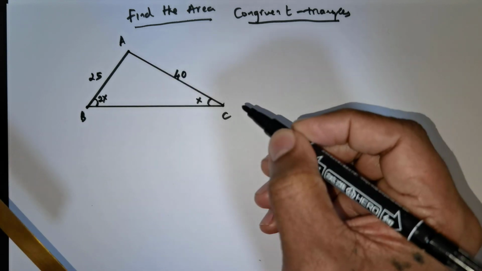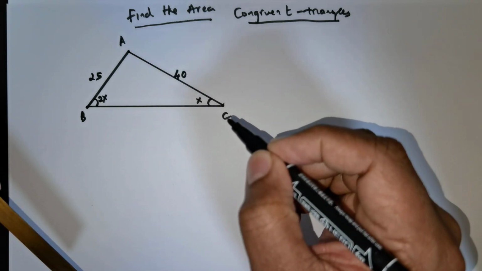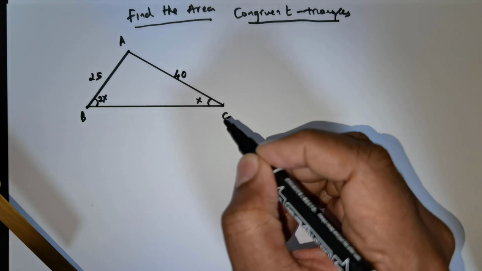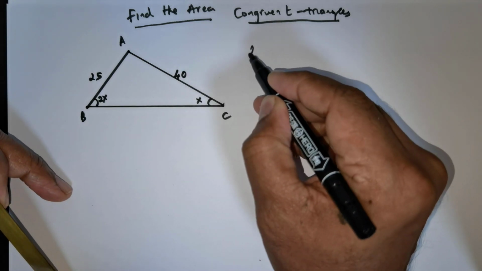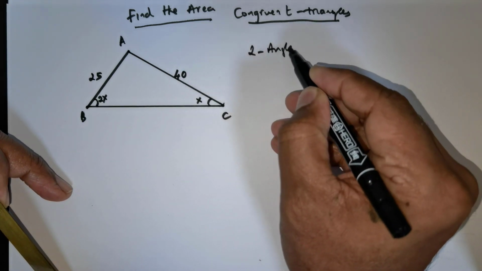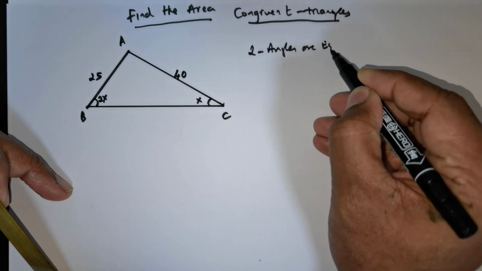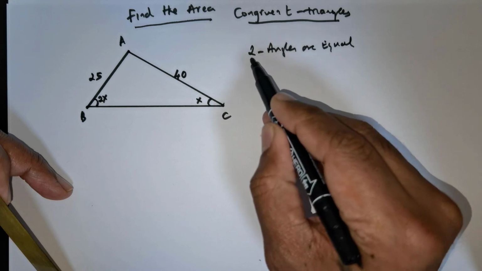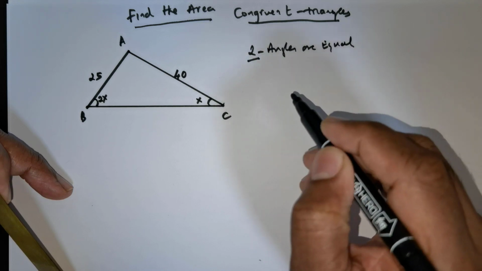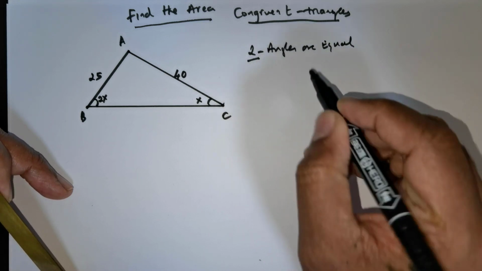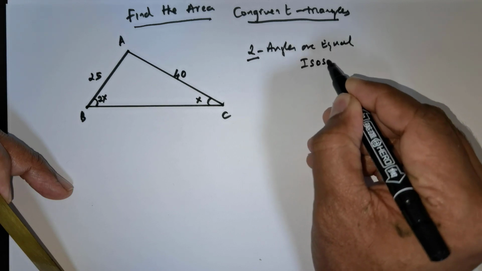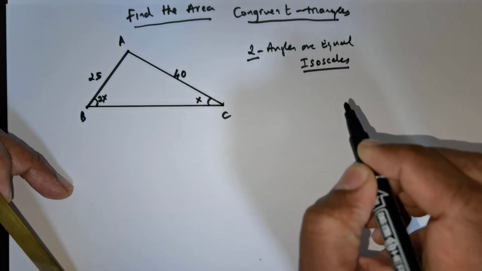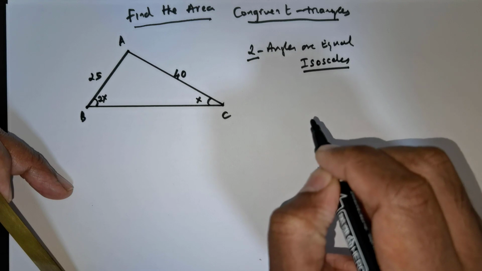How do we know the triangle created is isosceles? Simple. If two angles are equal, then outrightly we can conclude that the triangle created is an isosceles triangle. So this is the requirement for an isosceles triangle.